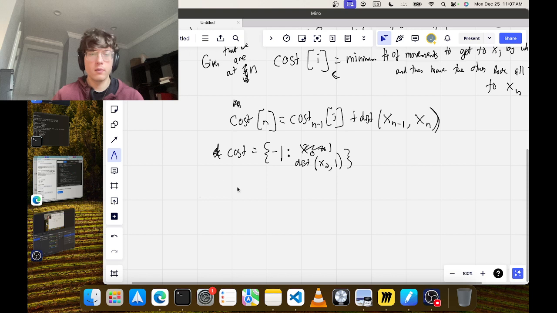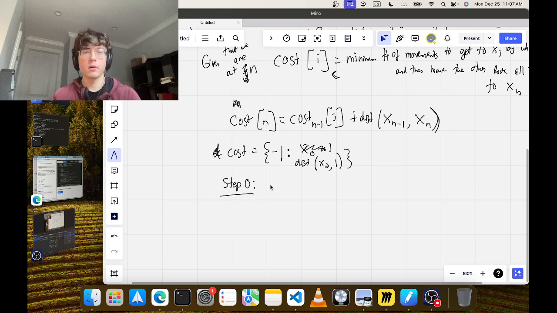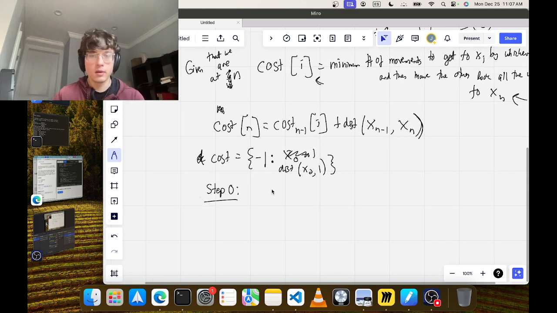Okay, so now in step 0 of this dynamic programming problem, we're going to try to evaluate what's the cost of 0.